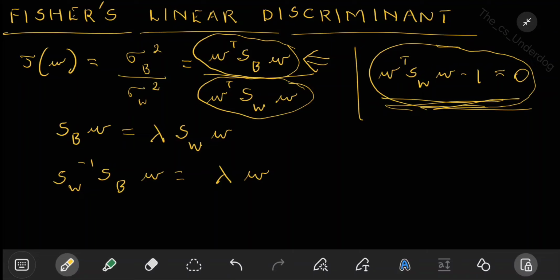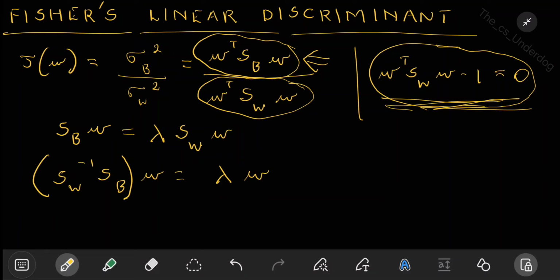You will understand that if you take this matrix SW inverse SB, then W is an eigenvector of SW inverse SB and lambda is the eigenvalue of SW inverse SB, which means W is a vector to which if you apply this transformation SW inverse SB, W will not change direction and lambda will give you the extent to which W gets expanded.